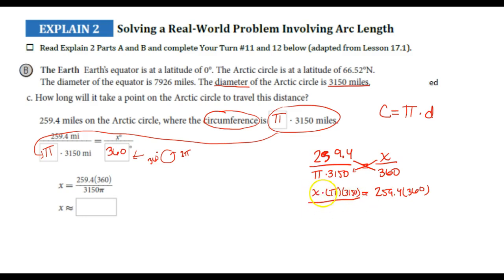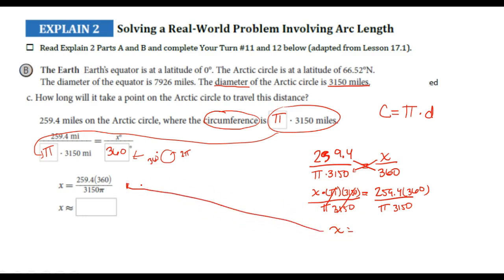Now I want to get rid of what's being multiplied to x so x can be by itself. What's the opposite of multiplying? Dividing. So I'm going to divide both sides by pi times 3,150, and these will cancel out, and I'm left with x equals that.